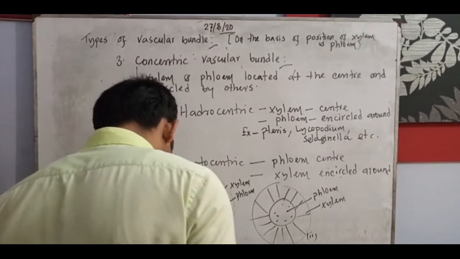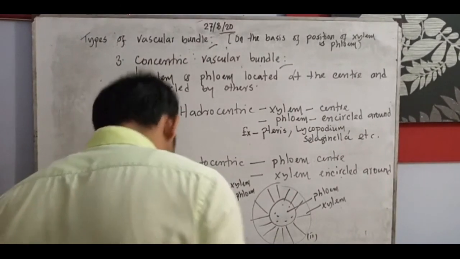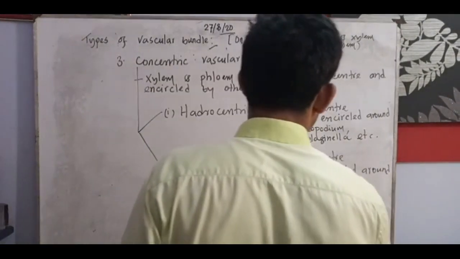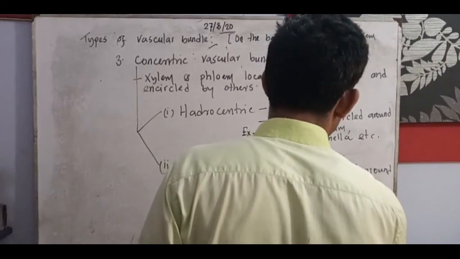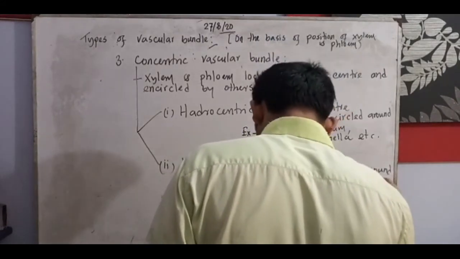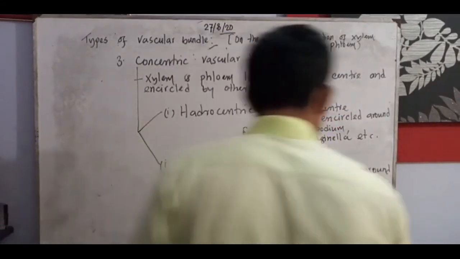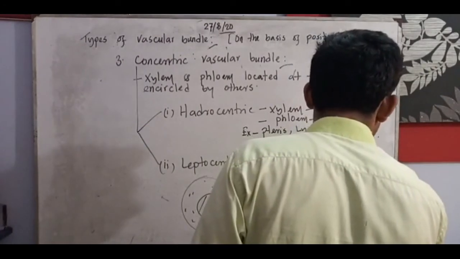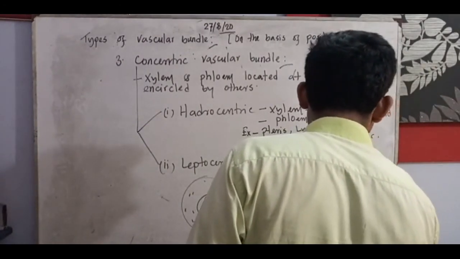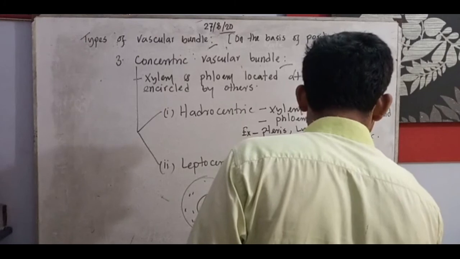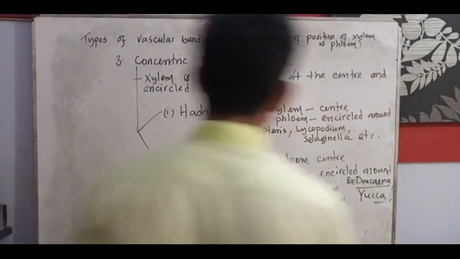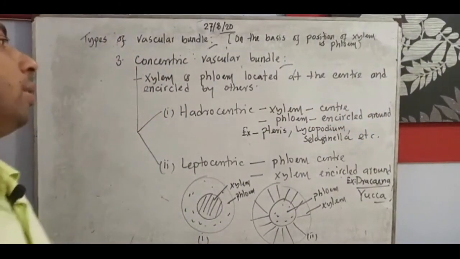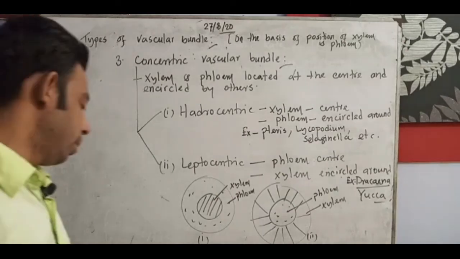And leptocentric examples are Dracaena, Yucca. So these are the hydrocentric and leptocentric.